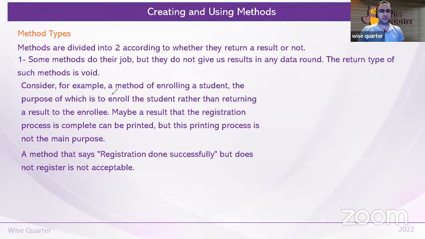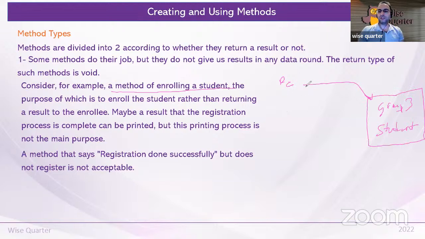Yes, we will create a method to enroll a student. It won't return us anything. You know, when you try to register a student somewhere, let's say the method is registerStudent. The method will register the student there, in group 3, for example. The student will be there, but the code will not return us anything.